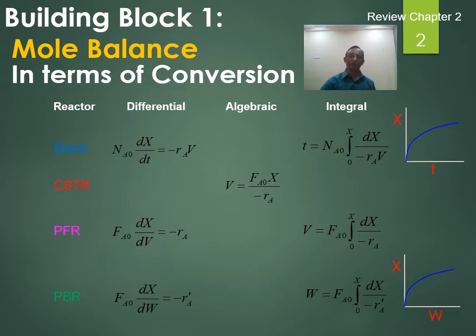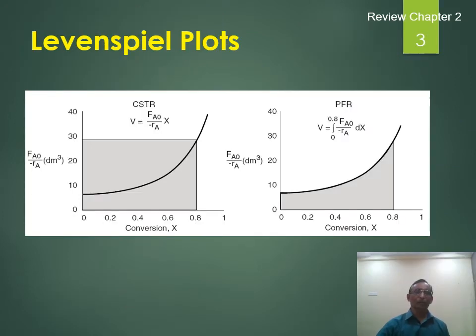As we have the integration to find out the conversion, we have studied the integral formulas also, that is the trapezoidal rule, Simpson's rules, with n number of points, and that you have already studied. So these equations you have to remember throughout the study of this theory. Then to size the reactor, in almost all the reactions we have the integration term related to 1 by minus RA.